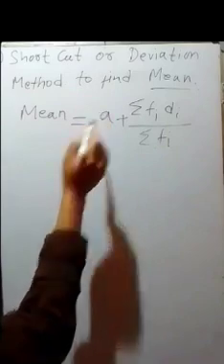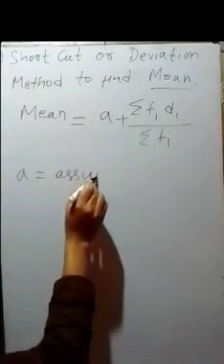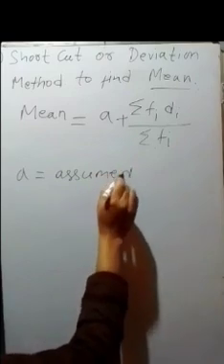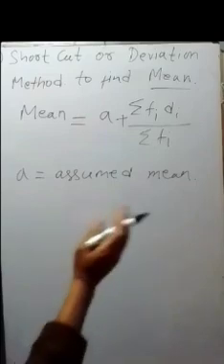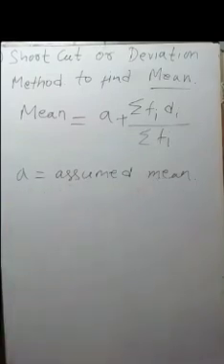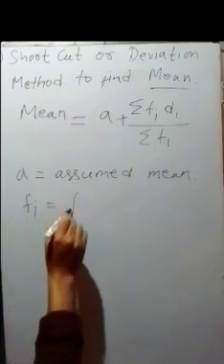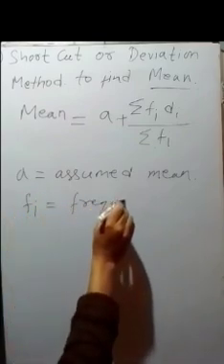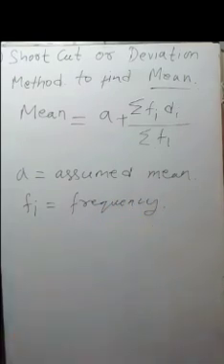So what is a here? Here a is called the assumed mean. Clear? If the values are given, we have to take any central value or middle value. That value is called the assumed mean. And we know that fi is called frequency, the number of students, number of children, anything.